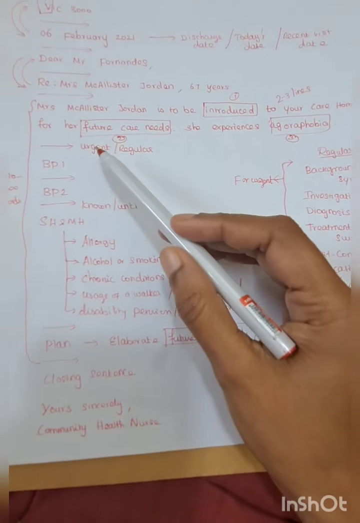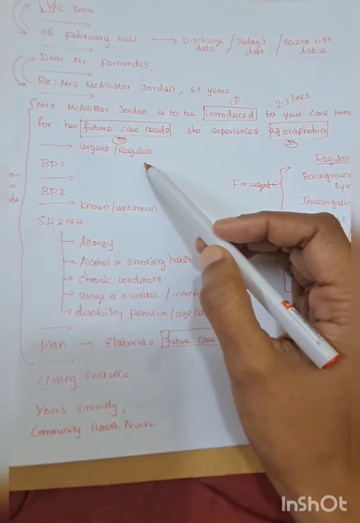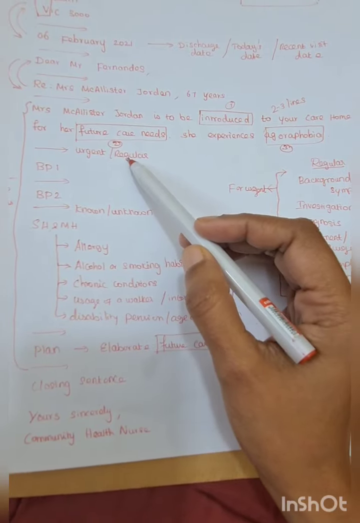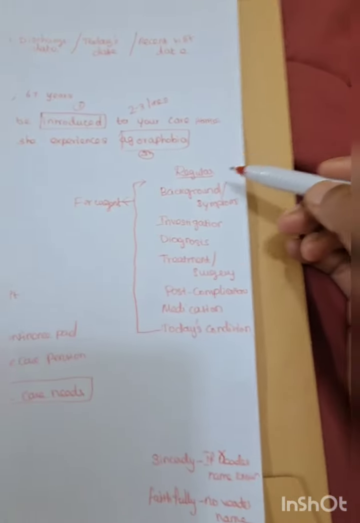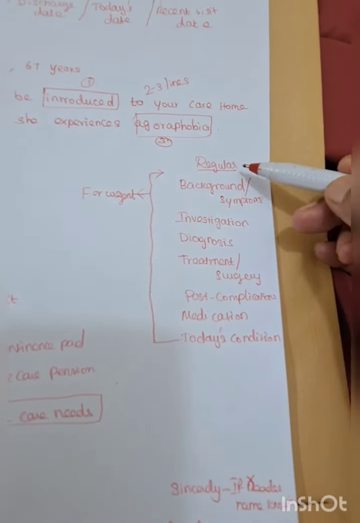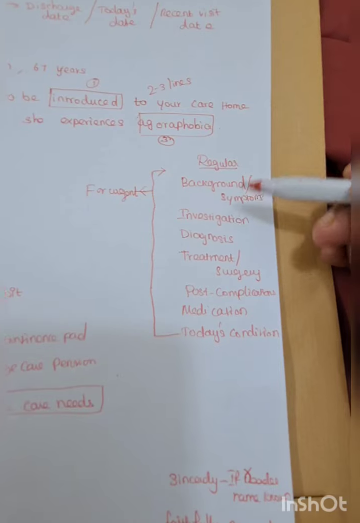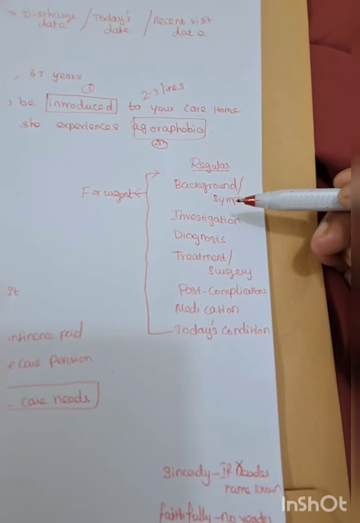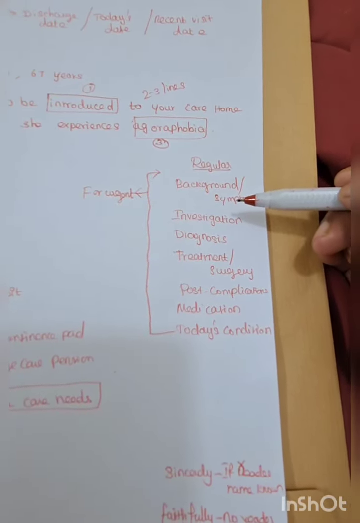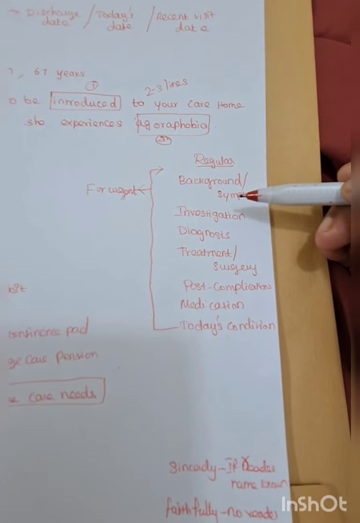I told you to check whether it is an urgent letter or a regular letter. Now let's see the regular letter first. If it is a regular letter, the first thing you will include is how she got admitted, the background information or symptoms. Presenting conditions is what I'm talking about.